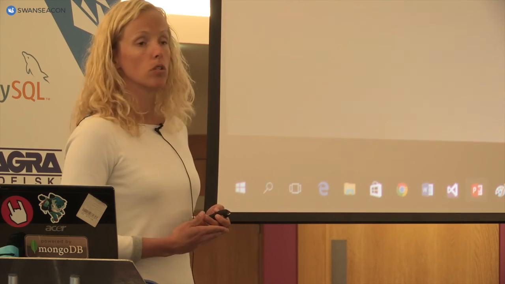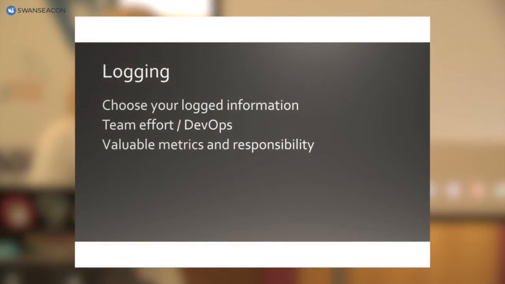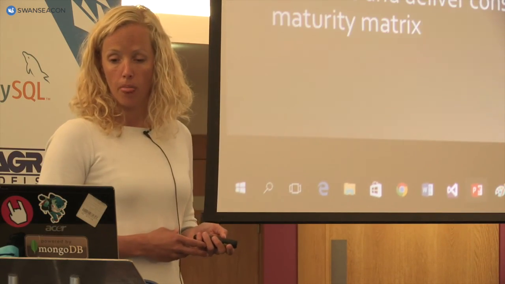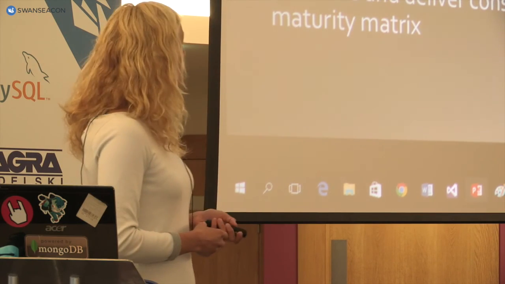Make sure you choose what information to log, because if you log everything, it's just too much. Make it also a team effort. And make sure you have some graphs, some valuable metrics. Mostly programmers can tell you what metrics to use, so get them on board and let them tell you what things to log.